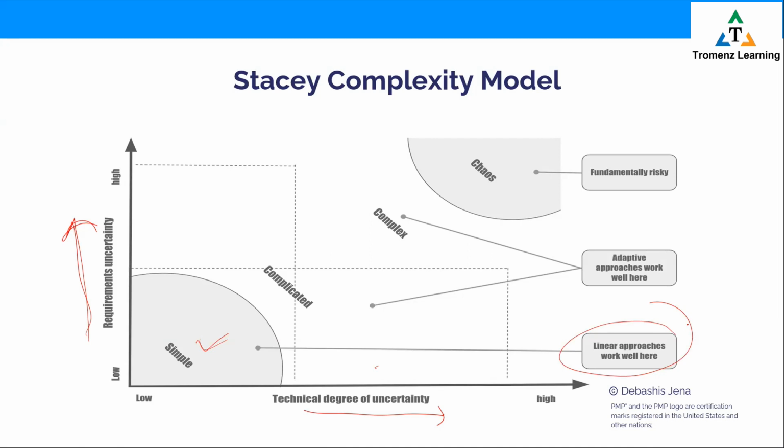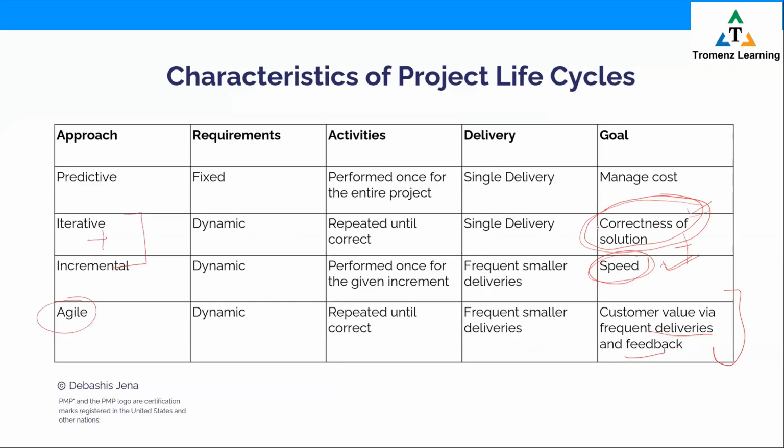Now then, look at this. If they're reasonably high, like you find complicated, complex. If this is the case, they're towards the higher side, higher requirement uncertainty and high technical uncertainty also. Then which kind of life cycle is more suited? Adaptive approaches work. Hey, we see a new term. What is this term, adaptive? I'll go back.